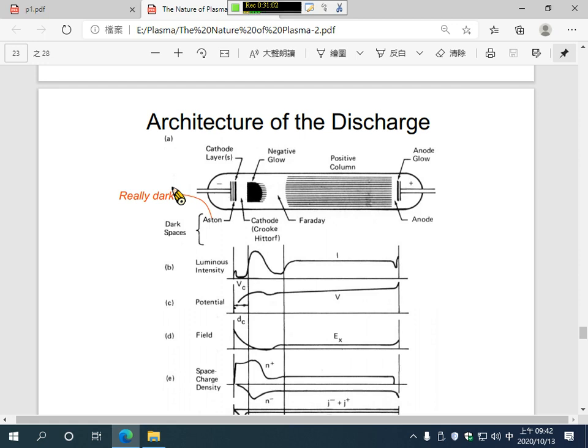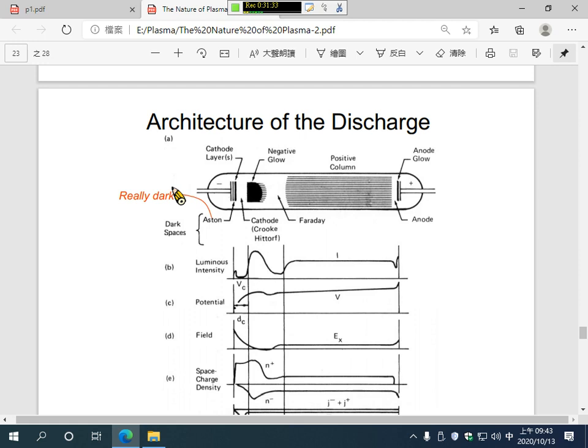So if you keep decreasing the pressure to 0.01 torr, the cathode layer thickness will expand to 100 centimeter. You need a system with a length of 1 meter to generate a stable DC plasma.